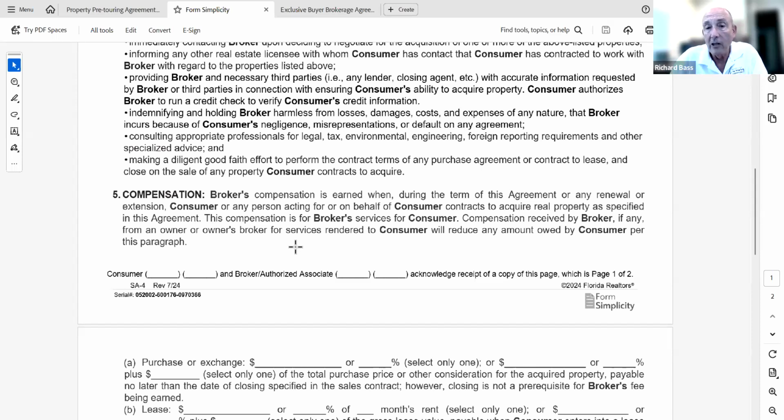Or, I have an attorney who's going to negotiate it, so I'm not going to owe you a commission. It's talking about any person acting for or on behalf of the consumer. So it's kind of preventing them a little bit from trying to go around us.